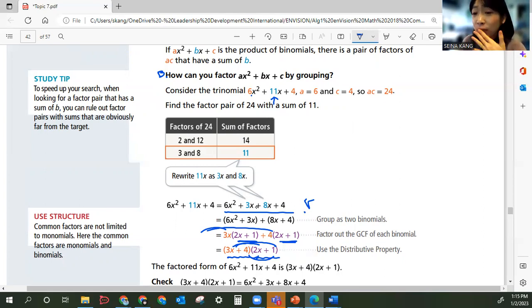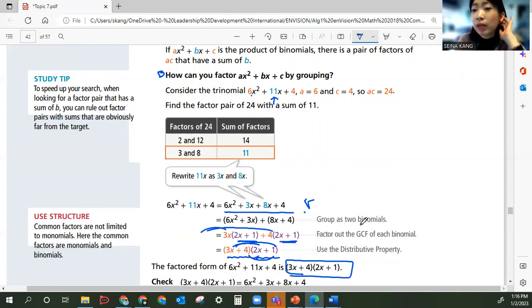So the factored form of 6x squared plus 11x plus 4 is 3x plus 4 times 2x plus 1. That is the answer when you factor it by grouping. And you can always check if your answer is right.